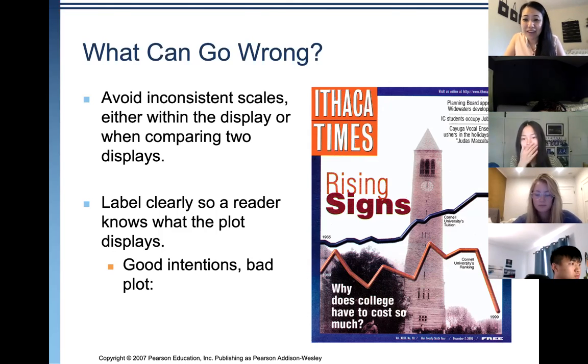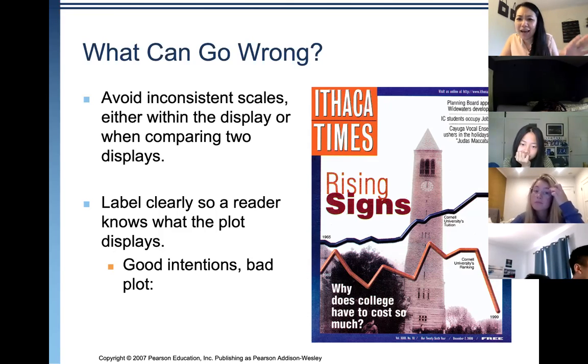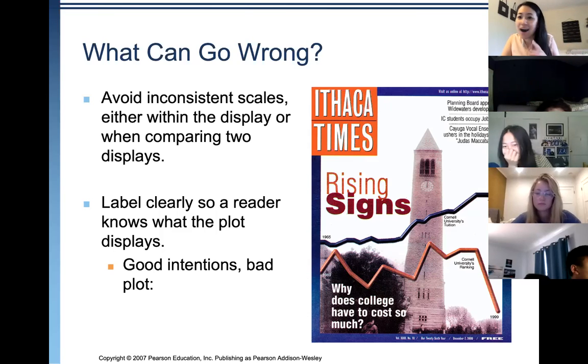So graphically, your mind is thinking, oh man, as Cornell University's tuition goes up, the ranking is getting awful. But that's actually the opposite of what's happening. The ranking number is going down, but that actually means that they're getting better. The ranking is better with the lower numbers. Does that make sense?